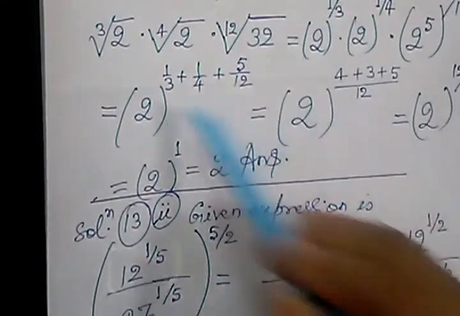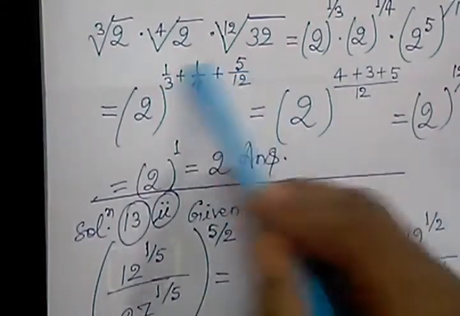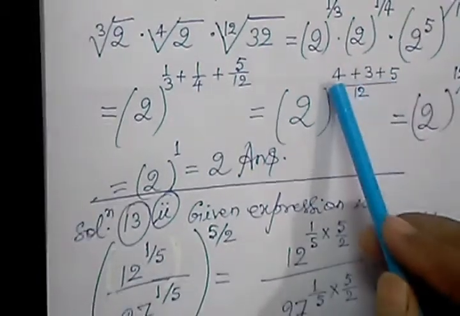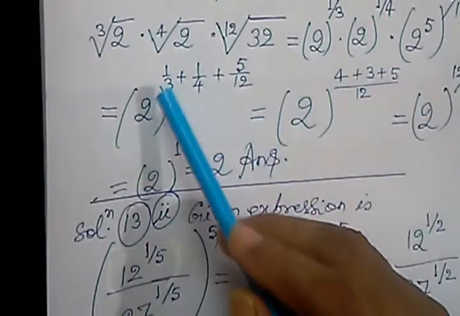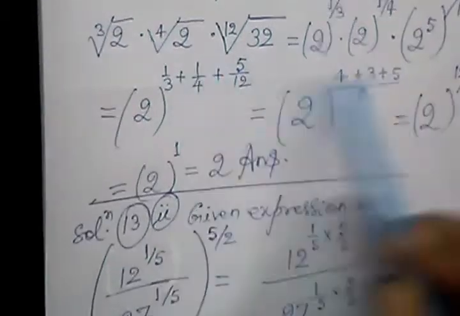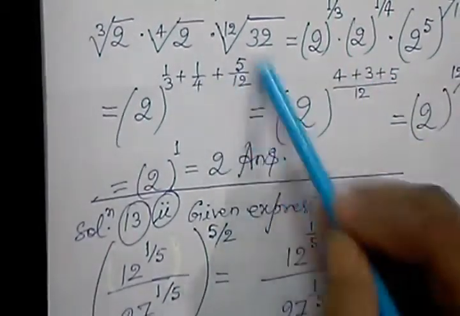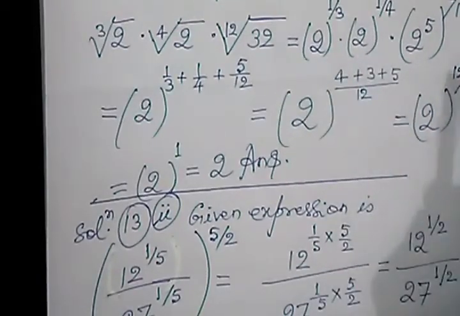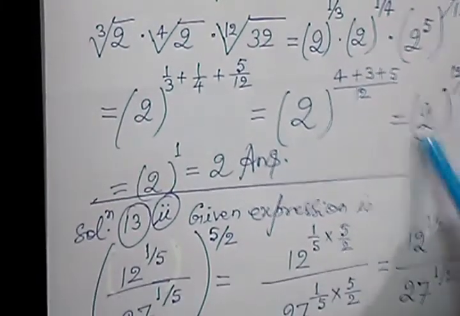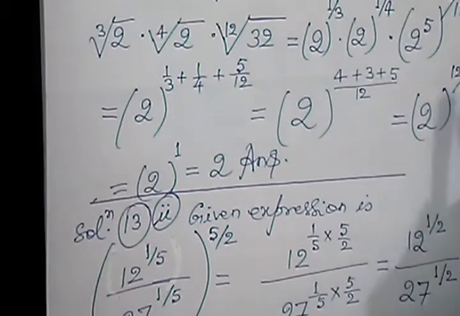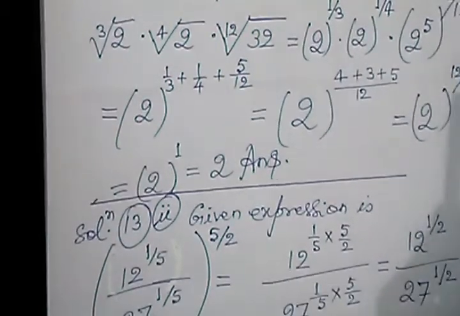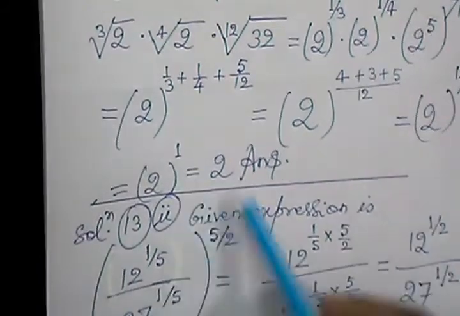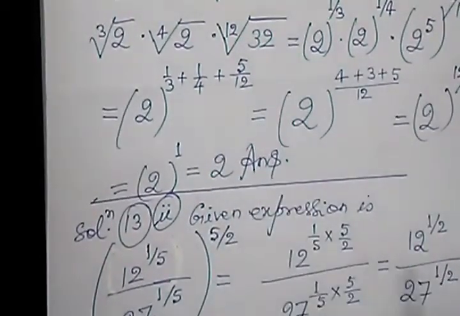The LCM of 3, 4, 12 will be 12. In the numerator you will get 4 from this term, 3 from this, and only 5 from this. Adding all this you will get 12 upon 12. So 2 to the power 12 upon 12, 12 cancels. So the power will be 1. So it is 2 to the power 1, that is equal to 2. Answer.